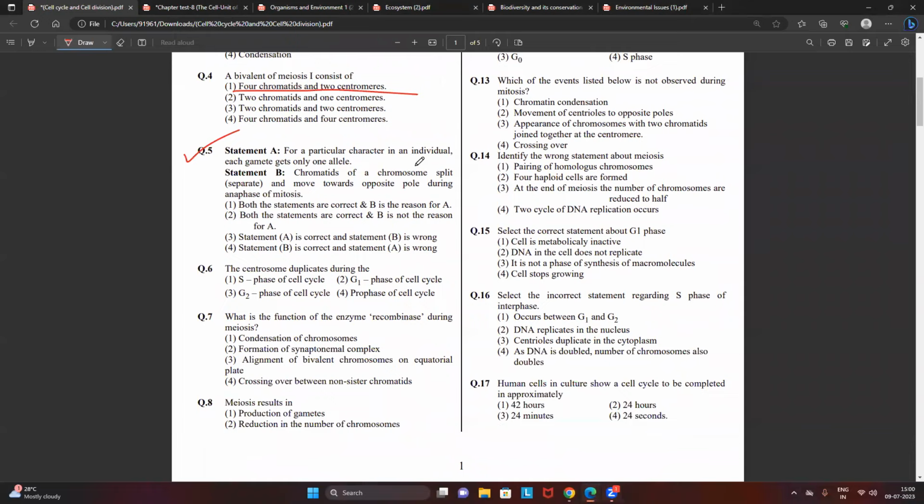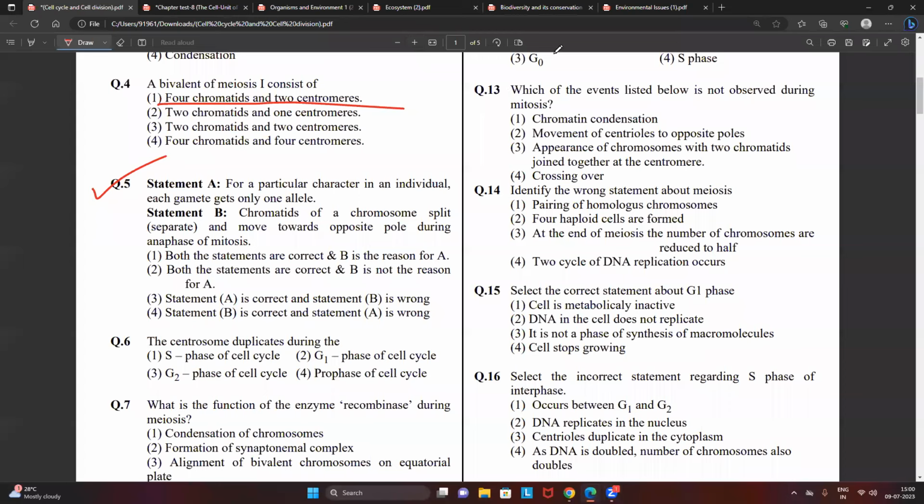For a particular character in an individual, each gamete only has 1 allele. It's a very good question. Statement B, chromatids of a chromosome split and move towards opposite poles during the anaphase of mitosis.